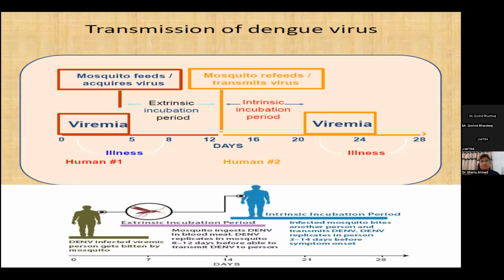The duration between a mosquito feeding on a human infected with dengue and its ability to transmit to another person is known as the extrinsic incubation period. And when humans get infected by the mosquito bite, the time till viremia develops, or the signs or symptoms develop, is known as the intrinsic incubation period.